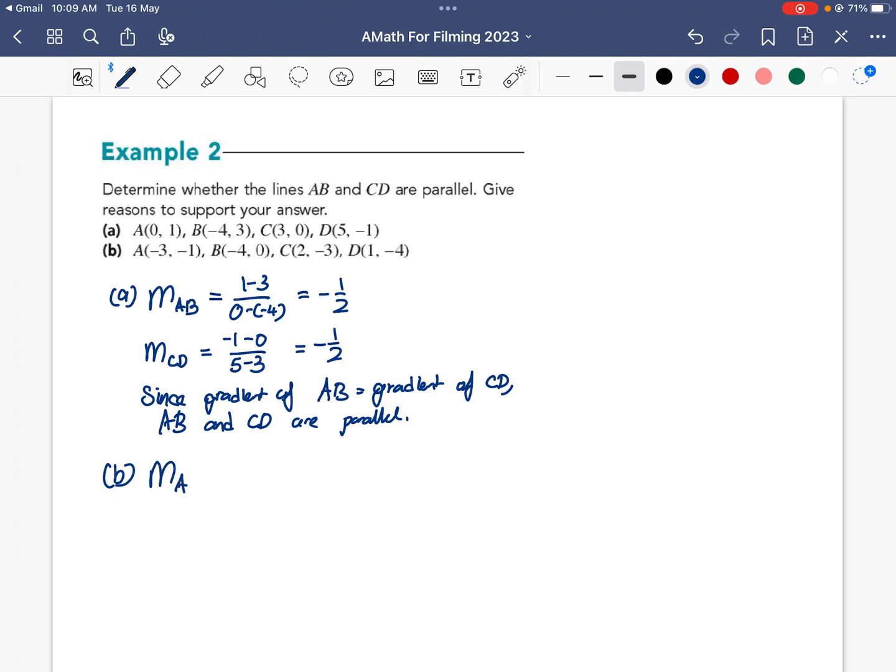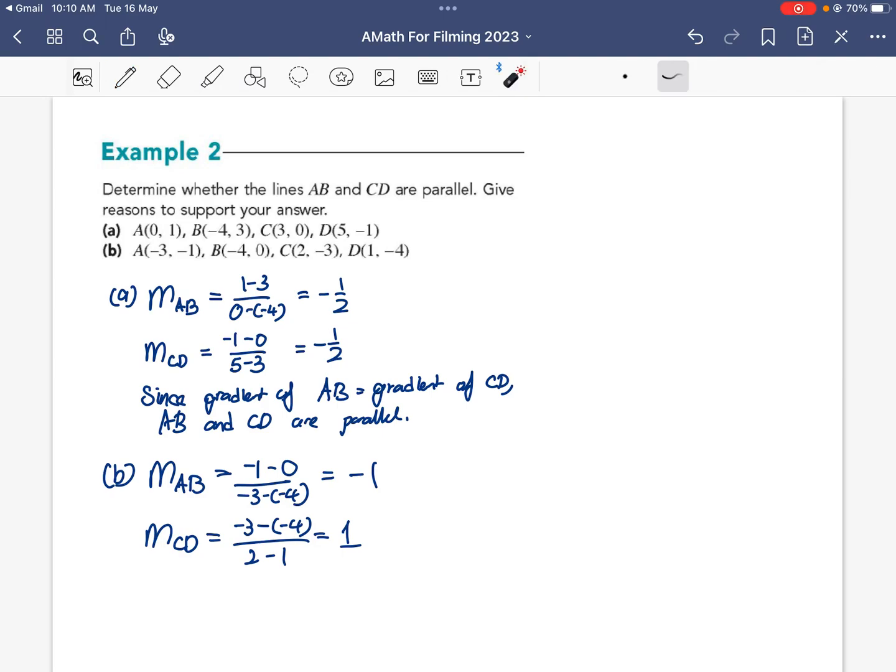So for part B, I'm using this data now. My gradient of AB in part B is minus 1 minus 0 over minus 3 minus negative 4. I find that my gradient of AB here is negative 1. For part B, my gradient of CD is equal to negative 3 minus negative 4 over 2 minus 1.